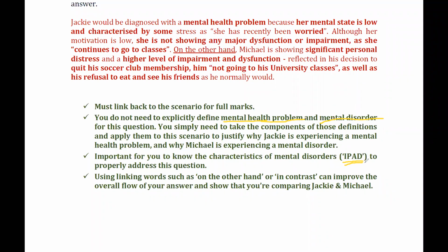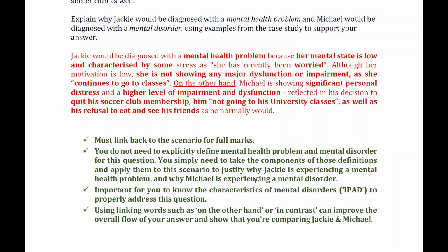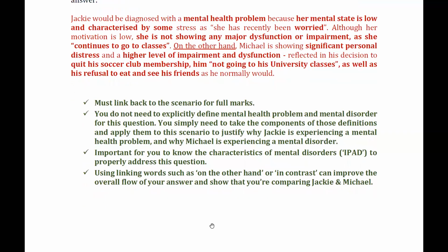Those are the 4 key components of people with mental disorders. And using linking words, like I said, can help to improve the flow and the general expression of your answer. So those are some tips to show you what you need to do to answer a question like this one. Questions like this are pretty common when it comes to this outcome.